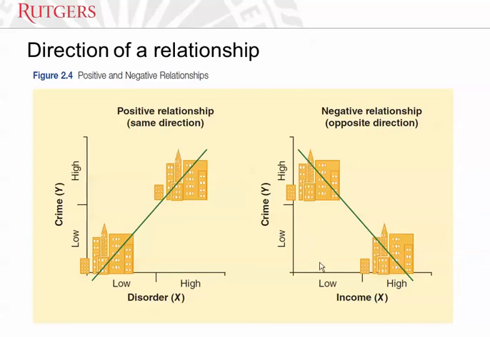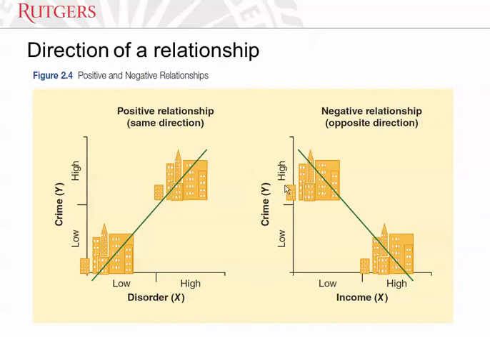So what variable might be negatively related to crime? Well, one example is income. If we think of a low income city, we might expect higher rates of crime in a low income city. So low income may be associated with high levels of crime, and correspondingly, a high income city may be associated with lower levels of crime.